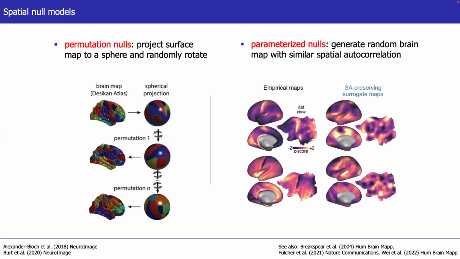The other family is parameterized nulls, where you try to estimate spatial autocorrelation in the original data and then generate random data with approximately the same spatial autocorrelation. So this is the famous BrainSMASH variogram matching method from Josh Burt.